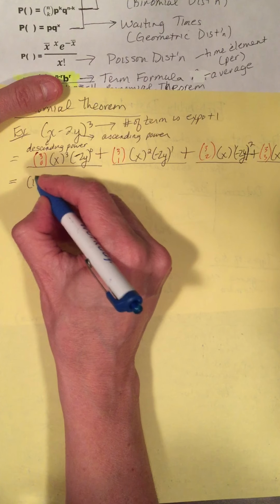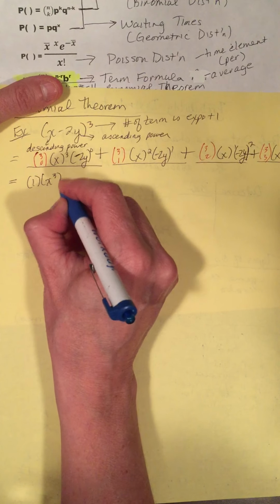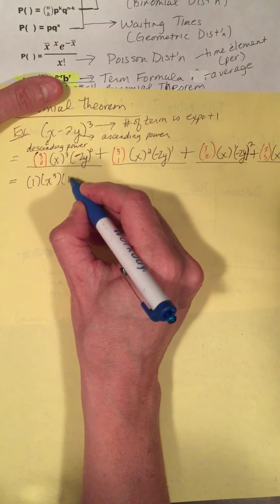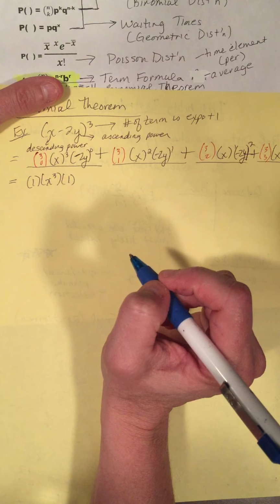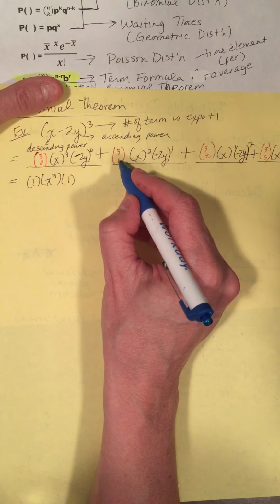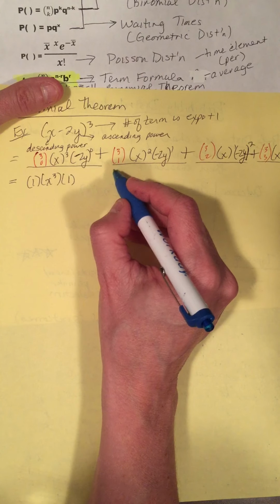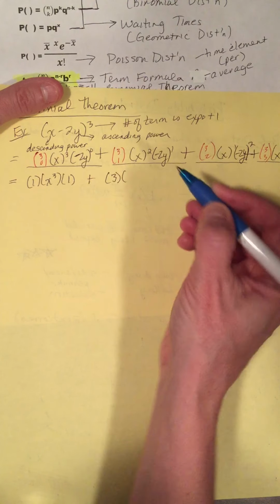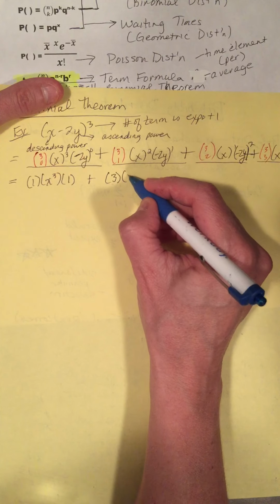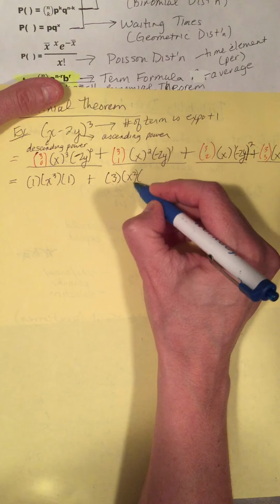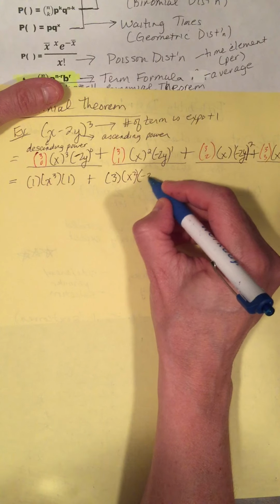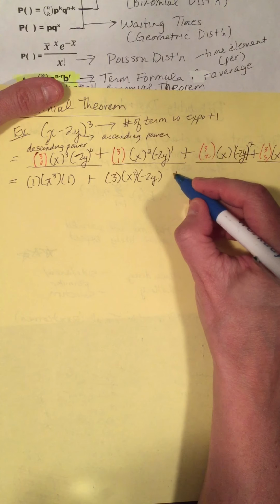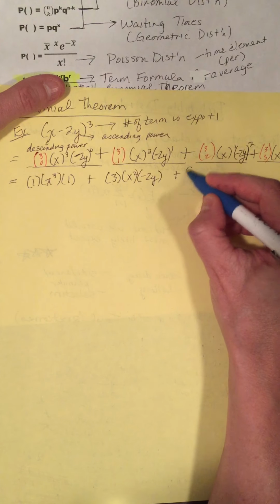So hold on, let's go slowly. 3 choose 0 is 1. X cubed is x cubed. Anything to the exponent 0 is 1. 3 choose 1 is 3. X squared. Negative 2y to the 1 is negative 2y. 3 choose 2 is 3. X to the 1.